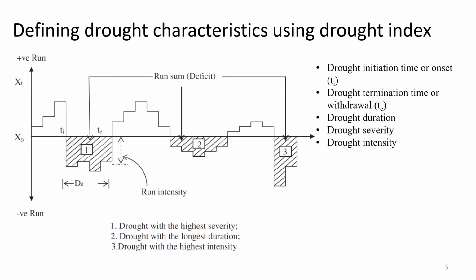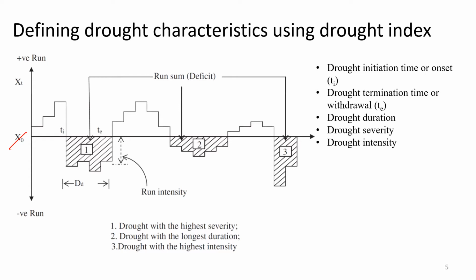Okay, first we will see how to use a drought index for this. Let's say we have some drought index X, let it be some index. It can be based on rainfall, based on the groundwater, based on multiple variables. So for different operational agencies, they will calculate these drought indices continuously, and then they will define a threshold for it.